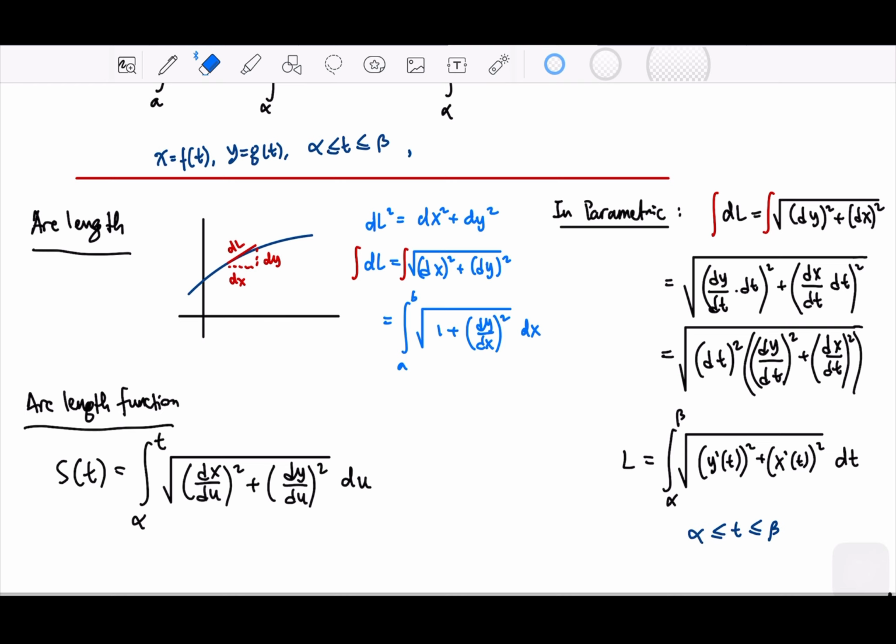Usually in the previous week we have the x here, right? So now it's t because it's parametric. So in most cases, if you clearly observe, with parametric, all the techniques are the same.